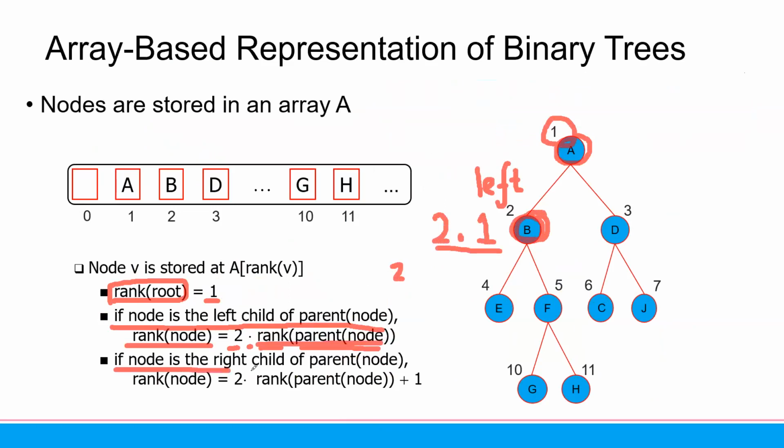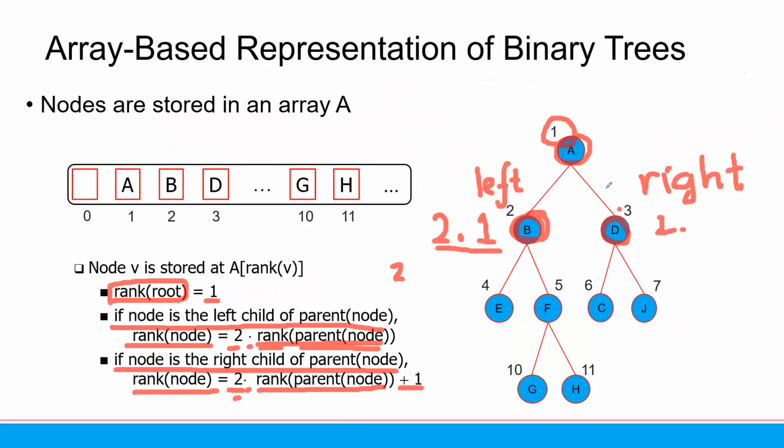If the node is the right child of the parent node, then the rank of that node will be 2 multiplied by the rank of the parent node plus 1. So let's see D. D is the right node. If it is the right node, then the formula will be 2 multiplied by the rank of the parent node.